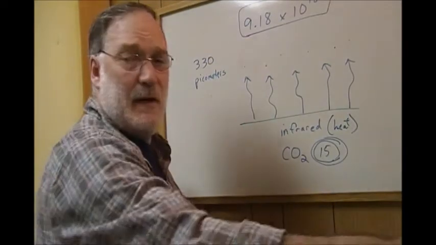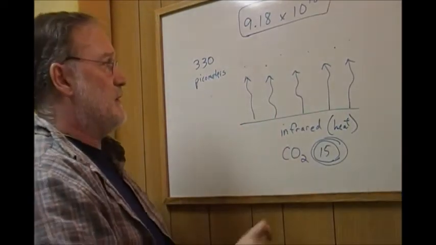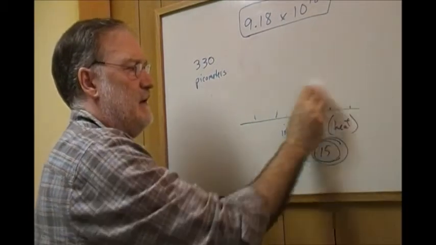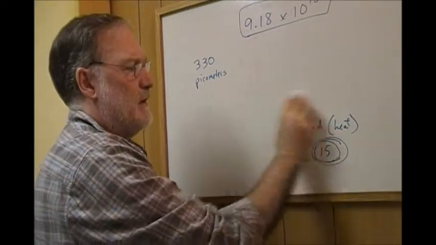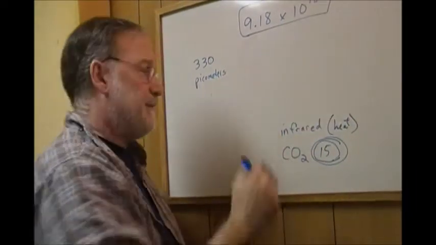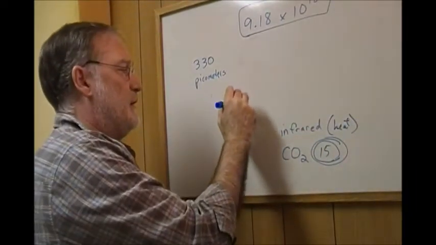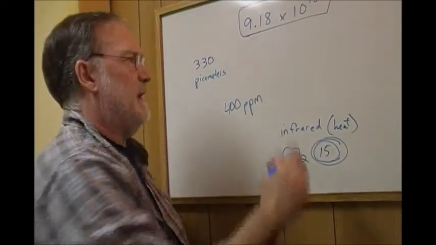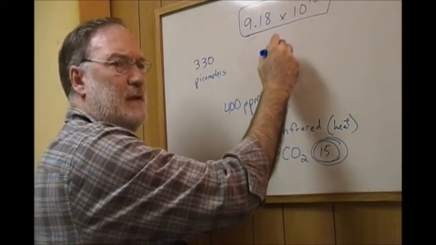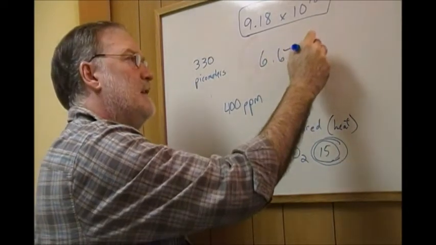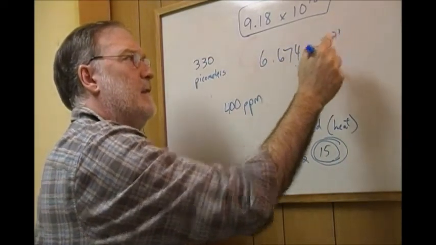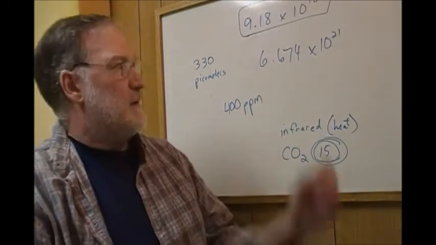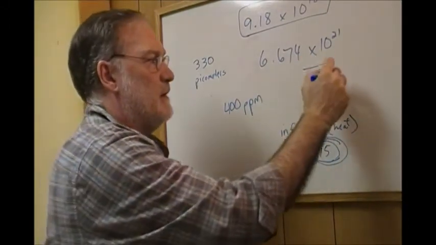At today's carbon dioxide levels, which we're going to say today's level is about 405 parts per million, but we're going to go with 400 parts per million, at 400 parts per million, there's going to be about 6.674 times 10 to the 21st molecules in 1 cubic meter of air. All right, so there's a lot more molecules in 1 cubic meter of air.